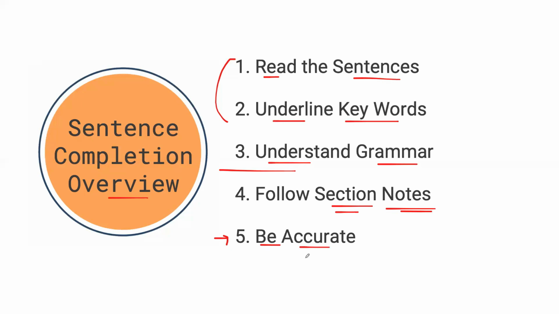Also, we suggest writing in a very clear manner, so that means usually capital letters and legible handwriting, because an examiner is going to be reading your writing and assigning points. It would be a shame if your answer was correct, but it wasn't legible and therefore incorrect. So you should practice just making sure that you are accurate, that you understand the instructions, and that you are writing clearly. Okay, let's go ahead and look at the section that we will be in today.